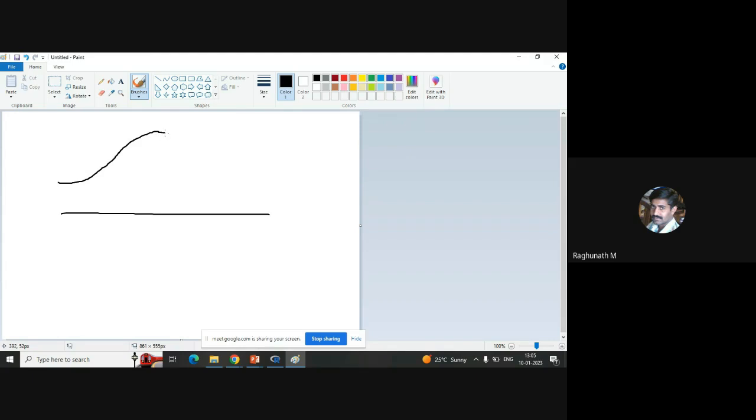I'm only talking about a continuous thing. Yesterday there was a question regarding a quantile. Whatever the region which comes over here, I will consider this as 0.5%.